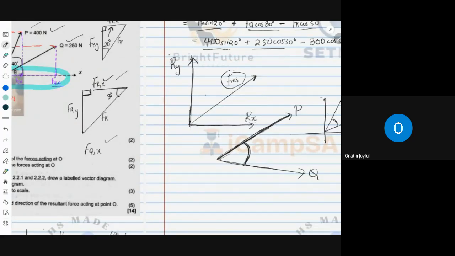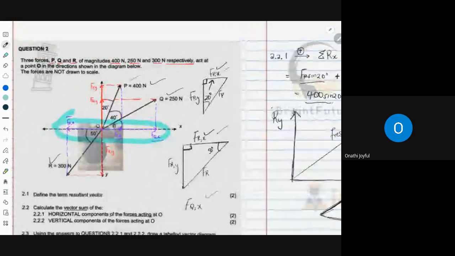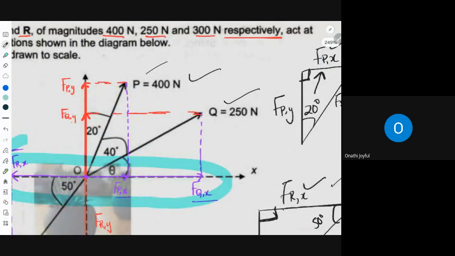Right, so that's the idea basically. What does this tell us as well? It means vector P is a resultant of its components FPX and FPY. Vector Q as well is a resultant of its components FQY and FQX.